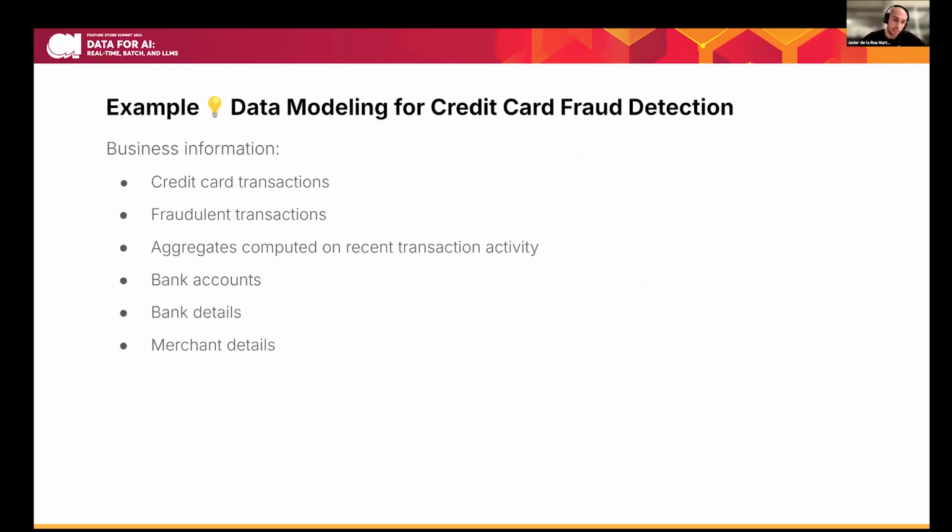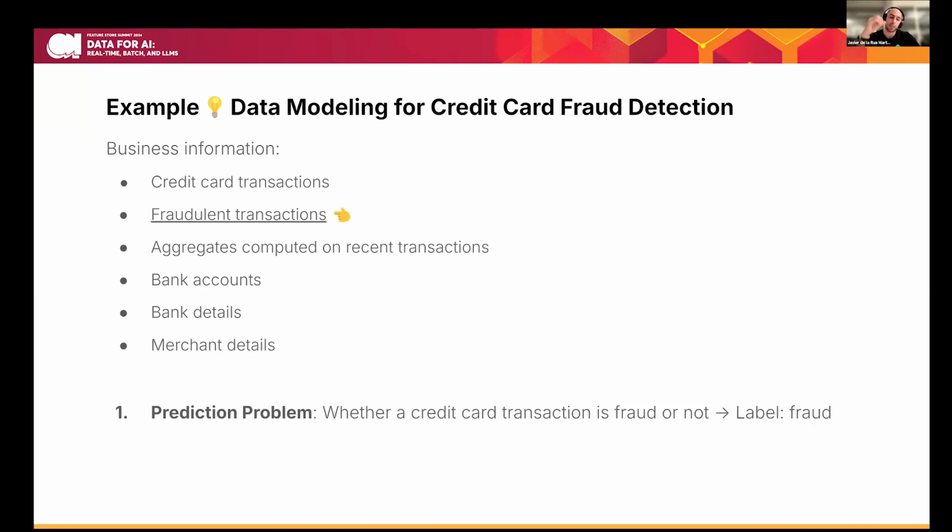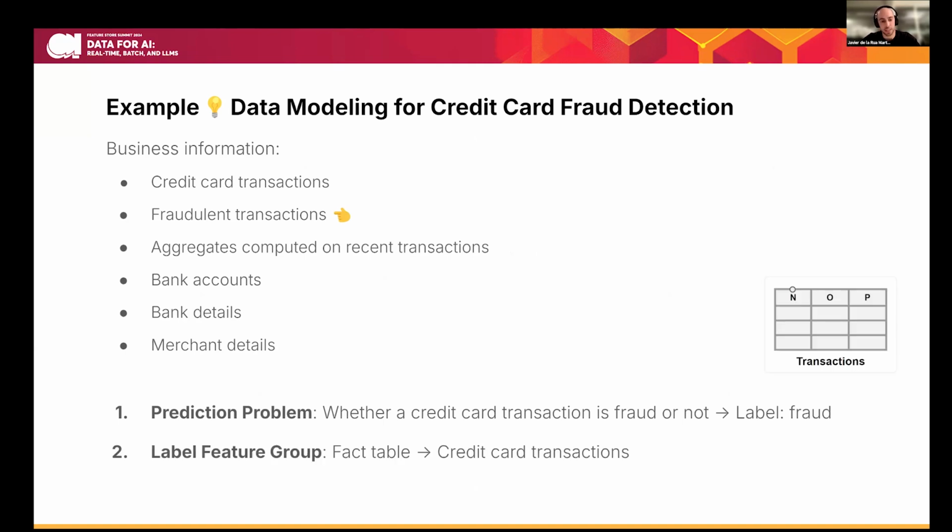And also, we will have some details about the bank accounts and the banks themselves and the merchant. So the first step here is to define the prediction problem, whether a credit card transaction is fraud or not. So in this case, we will identify our label and define the label feature group, which would be the fact table in this case. So we will pick the credit card transactions.